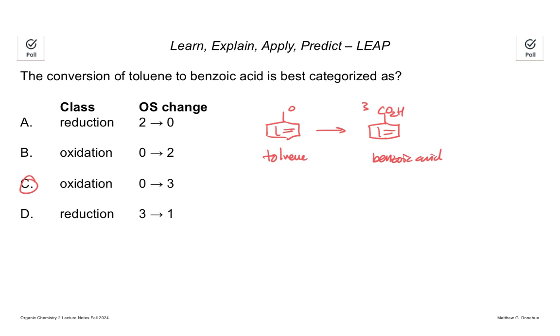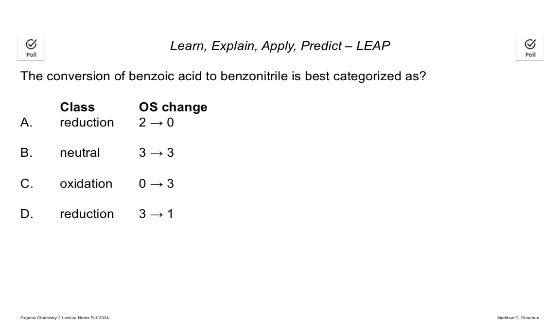And the point of these questions is, again, how is that substituent affecting the directing group ability of any further reactions onto the ring? Benzoic acid to benzonitrile.